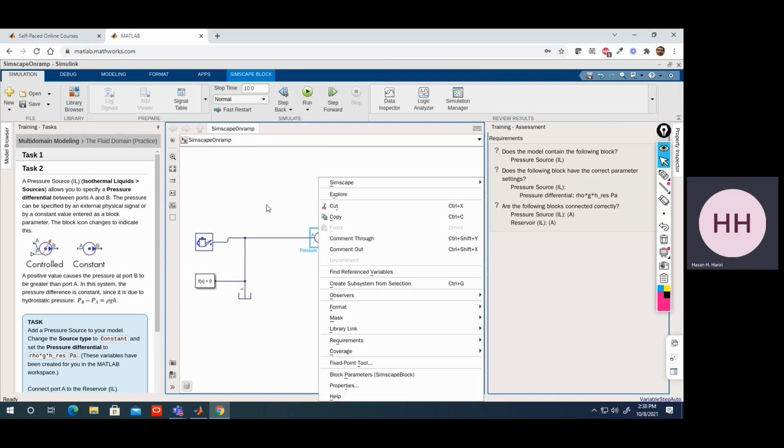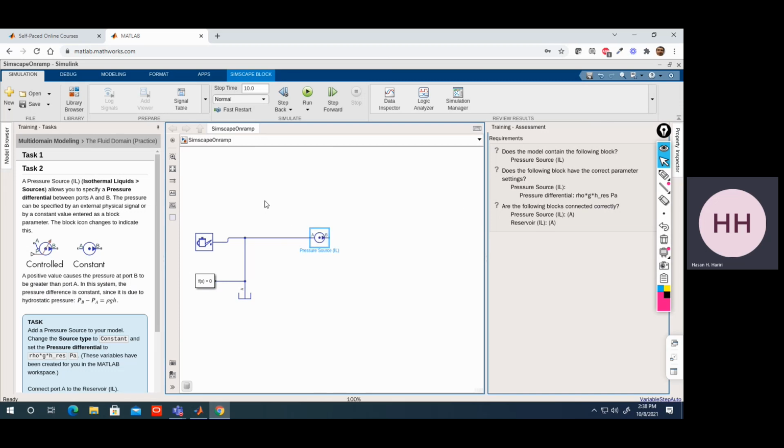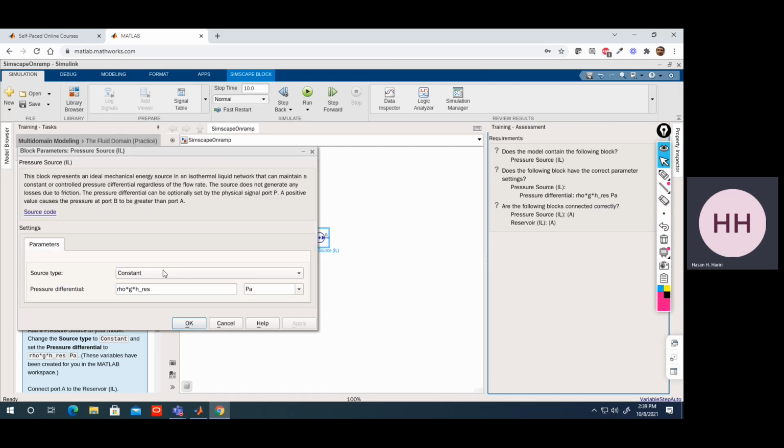In this case, it's rho G H. The pressure can be specified by an external physical signal, like in this case, or by a constant value entered as a block. What we did is take it as a constant value entered as a block, and we defined it as this pressure differential rho G H.